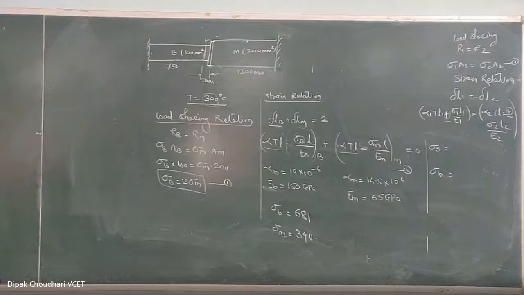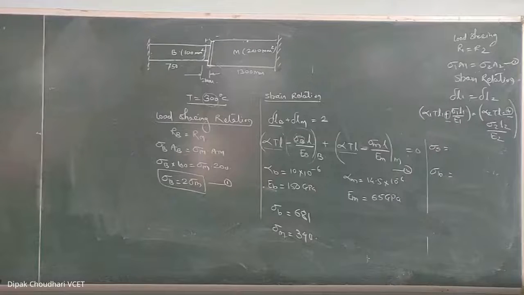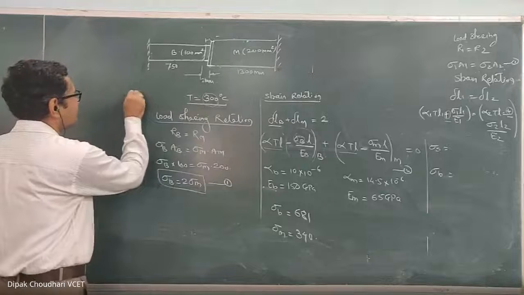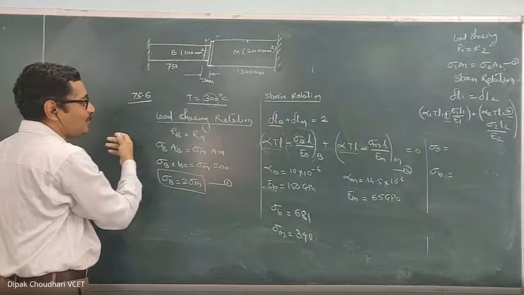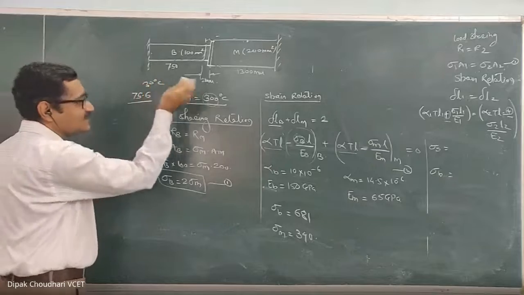Just cross check. Sir, temperature is 300, no? Yes, temperature is 300. If it is 30, how will the temperature stresses be induced? Because the gap is closed at 75.6. If the gap is closed at 75.6 at 30 degrees Celsius, how will the temperature stresses be induced?